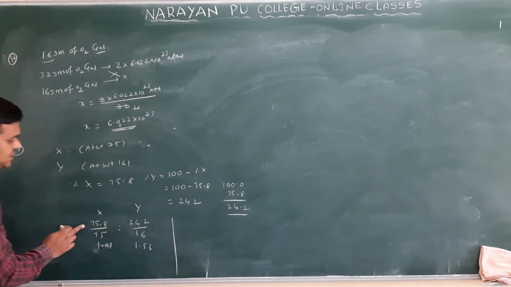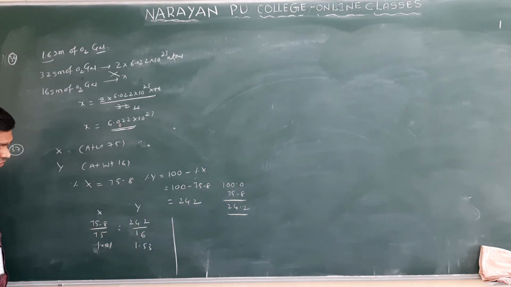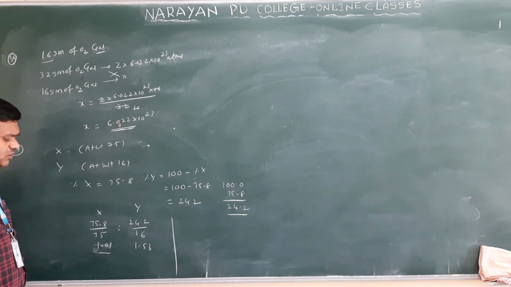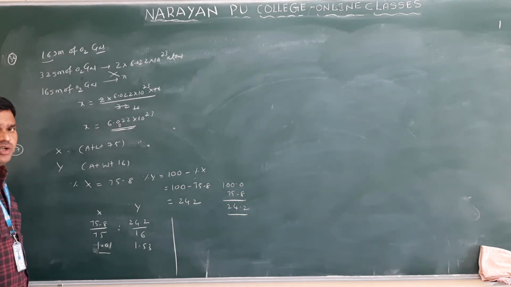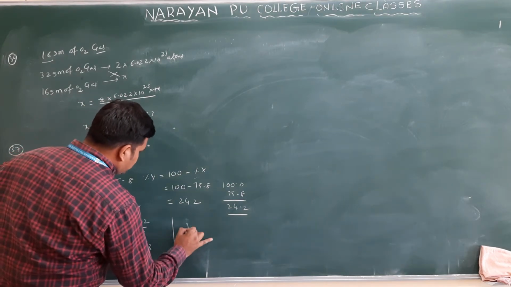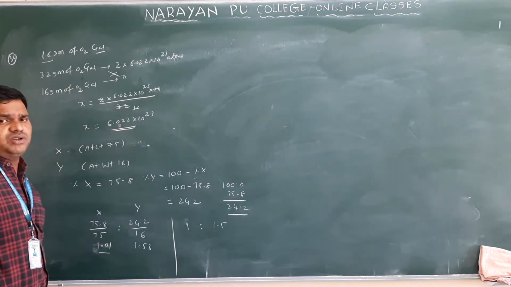See this one, my X is 75.8 by 75, and 24.2 by 16, you will get here 1.01, here 1.53. So which one is the smallest value here? This value we have 1.01 only. Divided with 1.01 you will get 1 only. Here what you will get? 1.5 only. After dividing, I will write here approximately 1 and 1.5 only. But 1.5 you are not taking as a fraction.